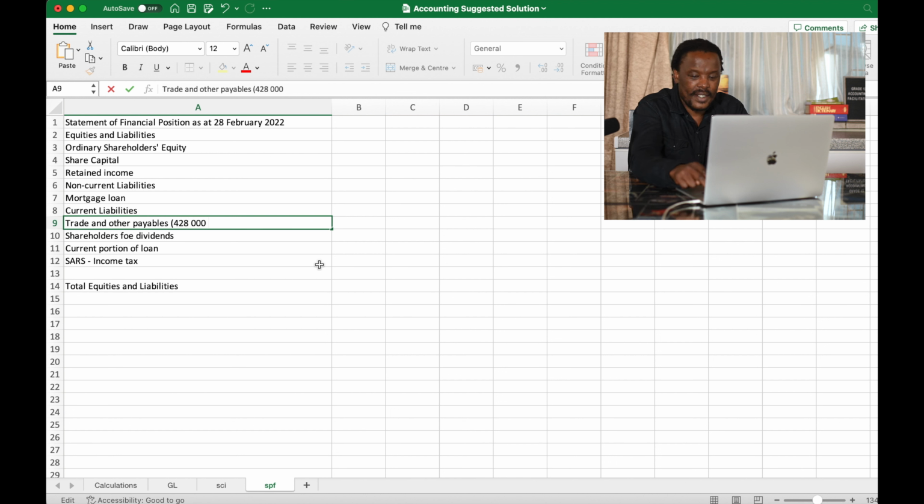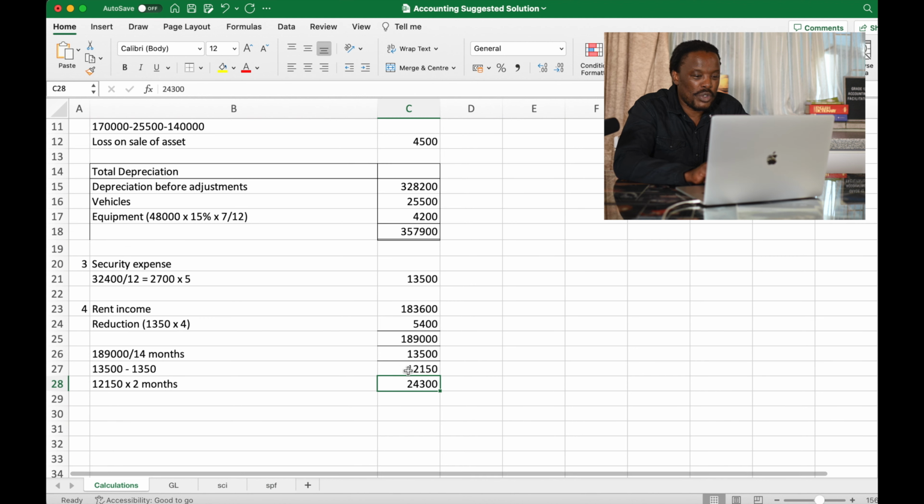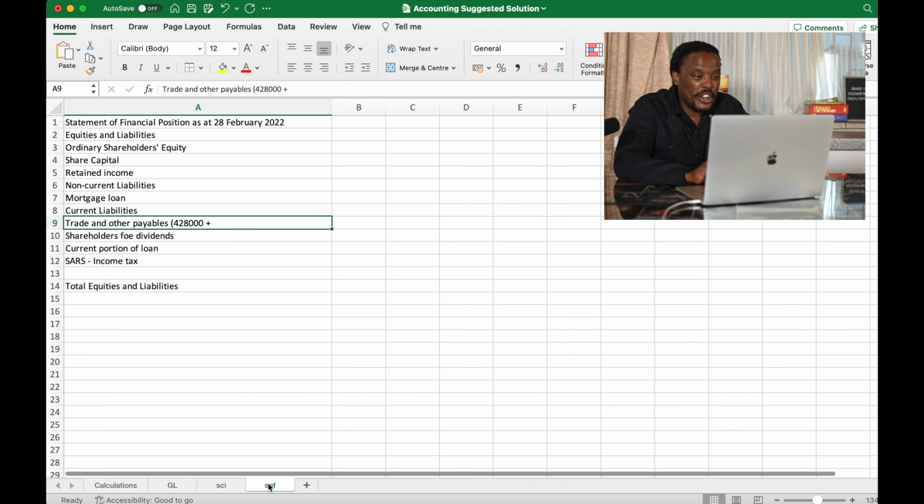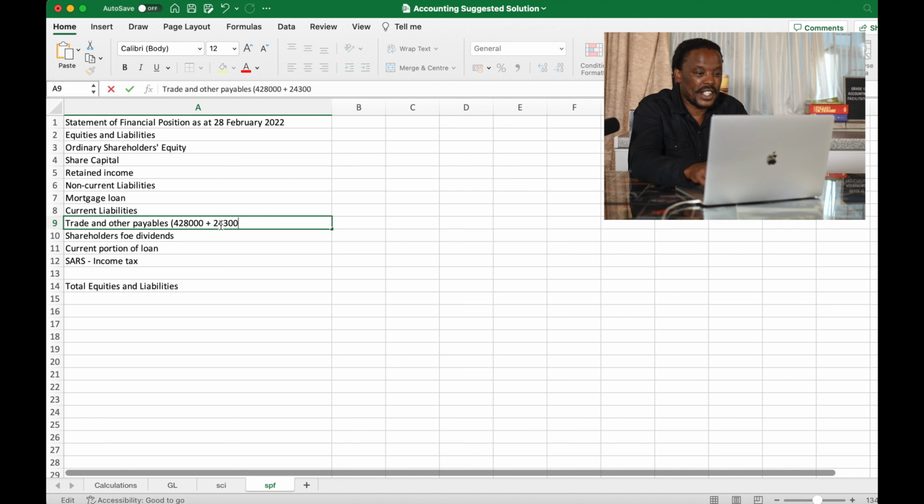428,000 plus how much? Plus what you just got in terms of these calculations to say this is income received in advance. And me and you know that income received in advance is part of trade and other payables.